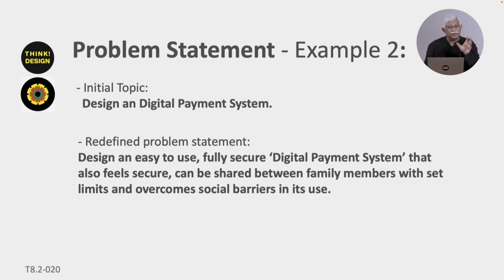Okay, so we have taken all the three factors that we just talked about into the problem statement itself. So you'll see that the problem statement is a lot more detailed, and now you're ready to go ahead and start ideation.